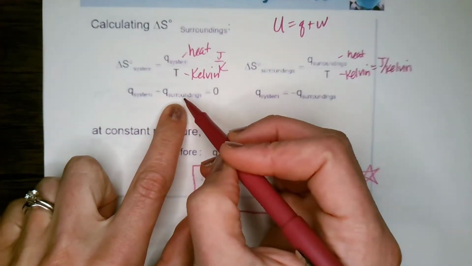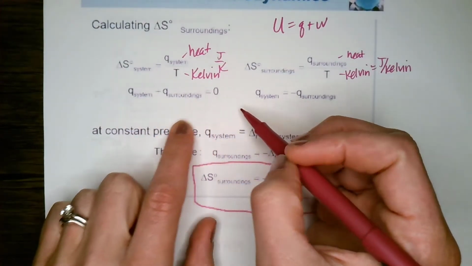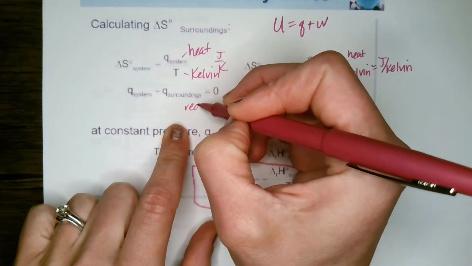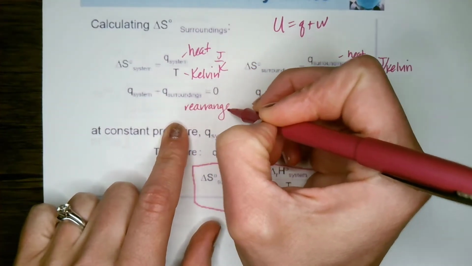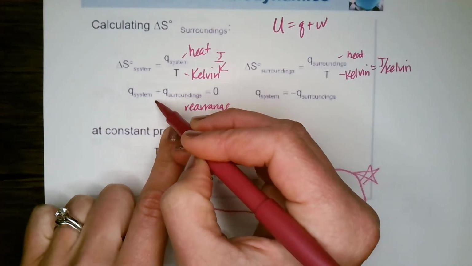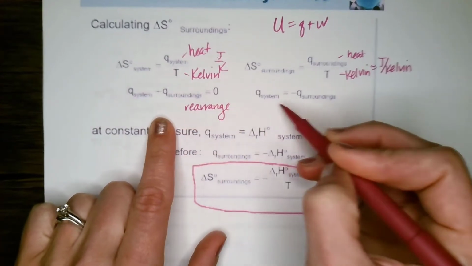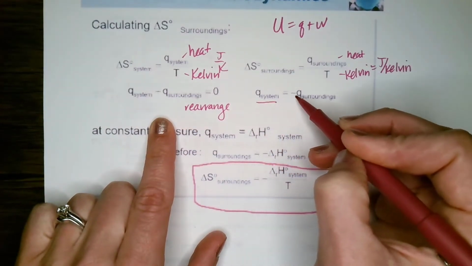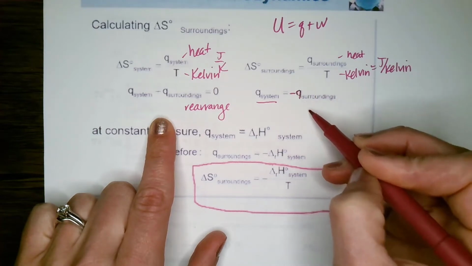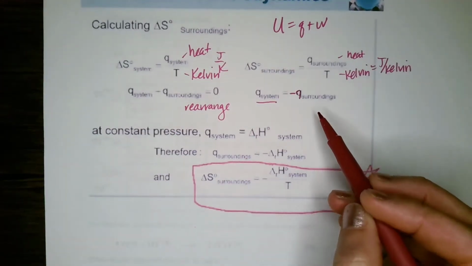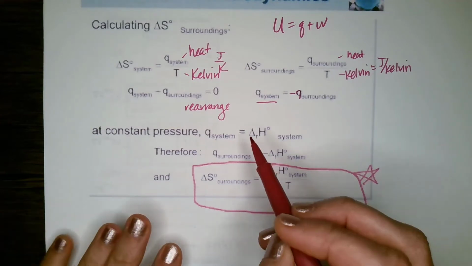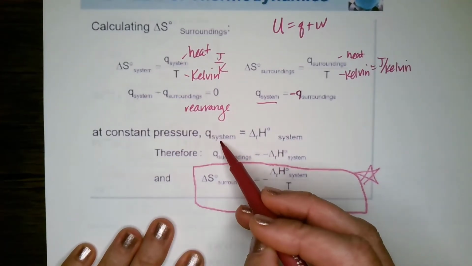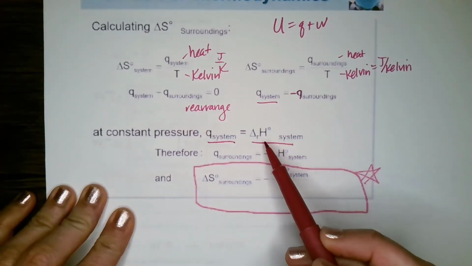Then we can say the heat of the system plus the heat of the surroundings is equal to 0. And then if we rearrange this equation, let's say I subtract Q surroundings from both sides, I would have the heat of the system is equal to the opposite of the heat of the surroundings. Then we can rearrange this even further.